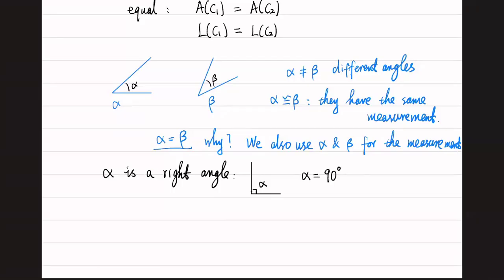Okay, so here alpha is the angle, but it also stands for the measurement. In this way, we say alpha equals 90 degrees. We don't say alpha congruent 90 degrees. This doesn't make sense.